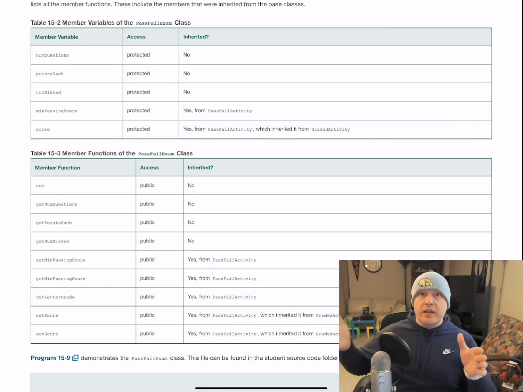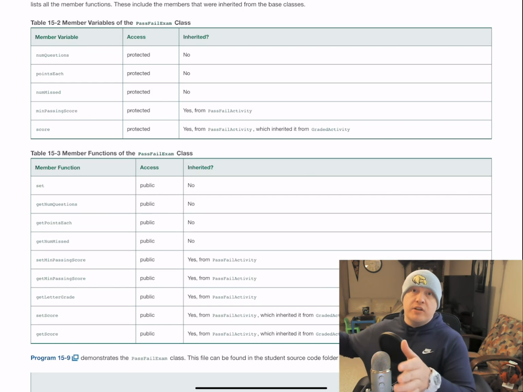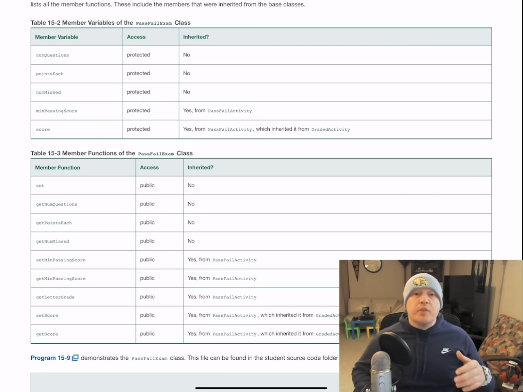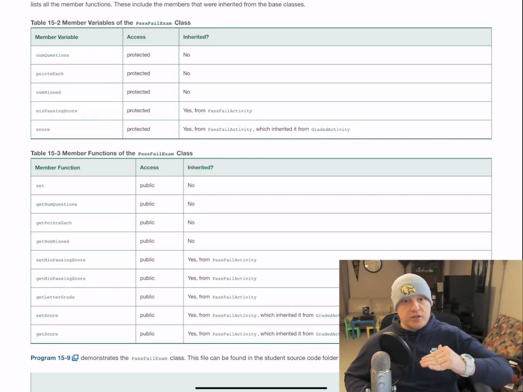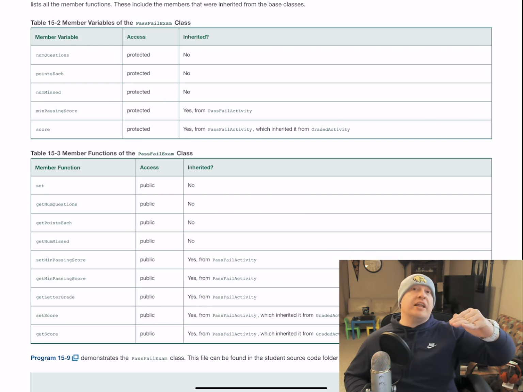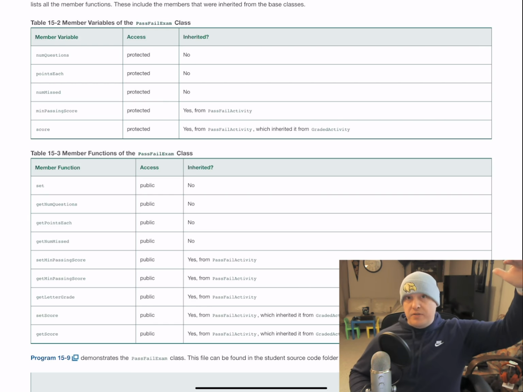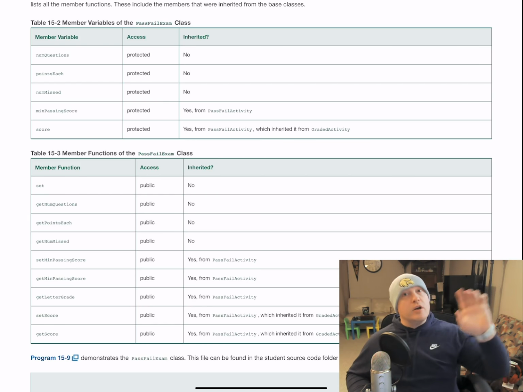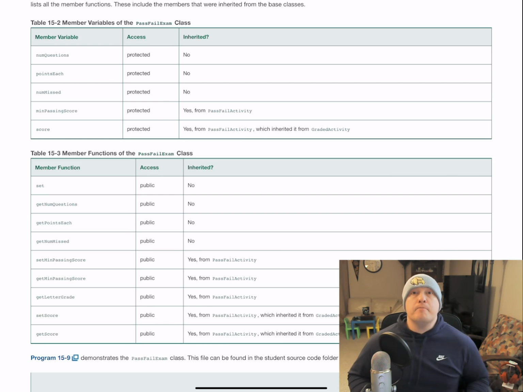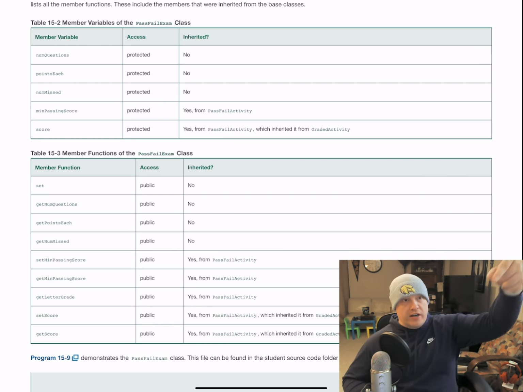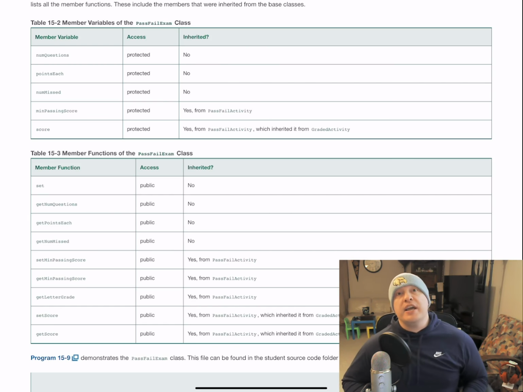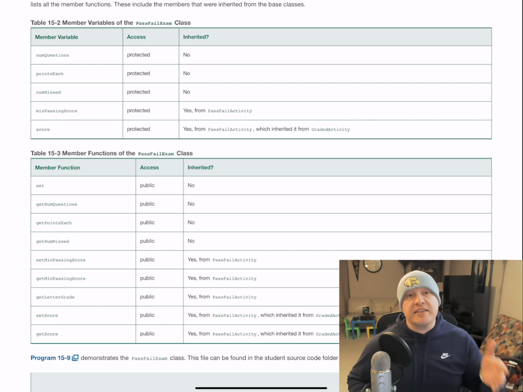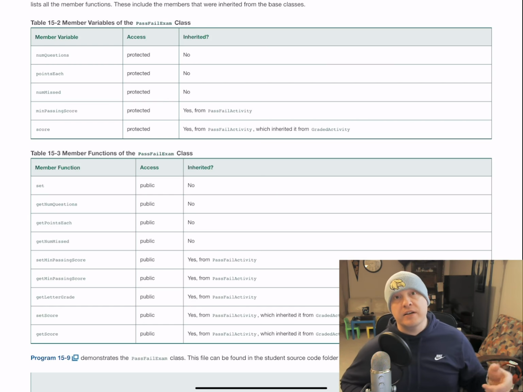So when you trace these, you can see that our lowest derived class, which has derived from a class that already derived from a class, those public member functions are inherited down the chain to our lowest derived class, in which case this one is pass-fail exam.